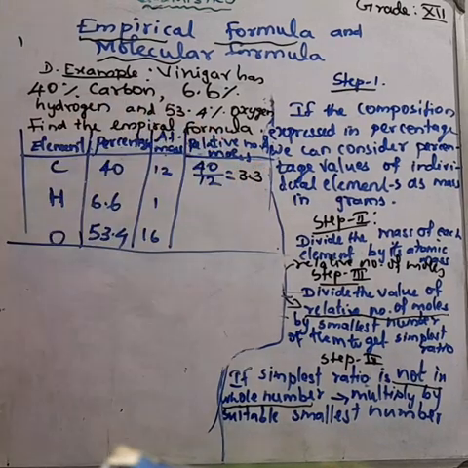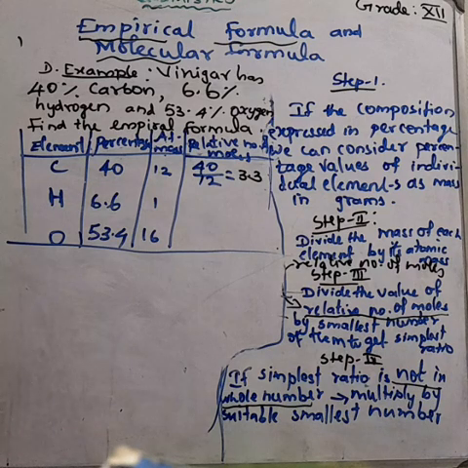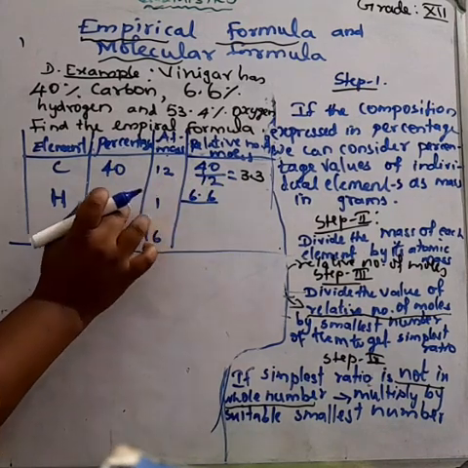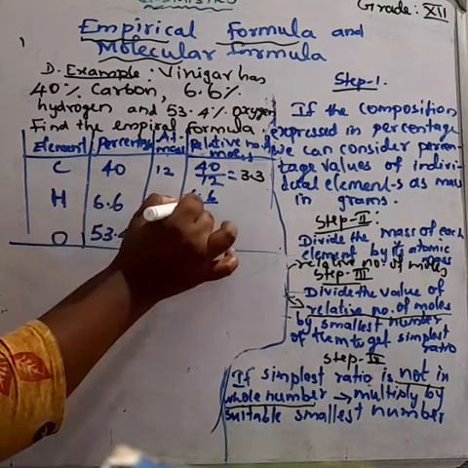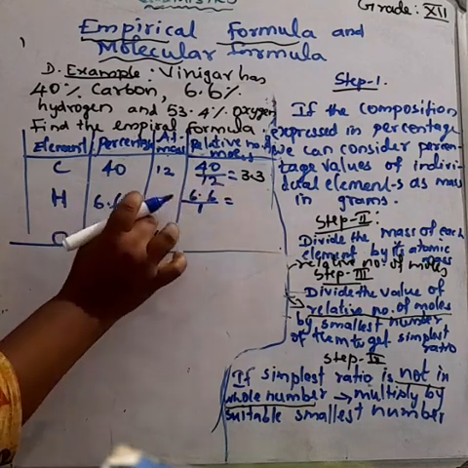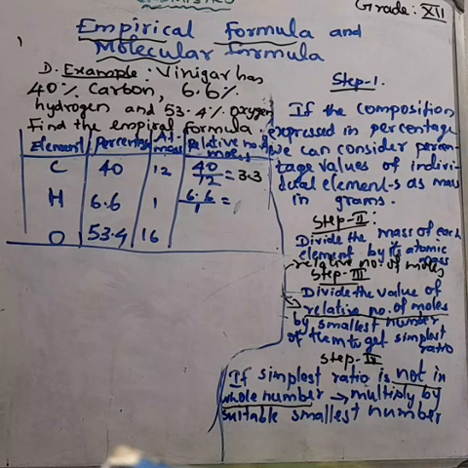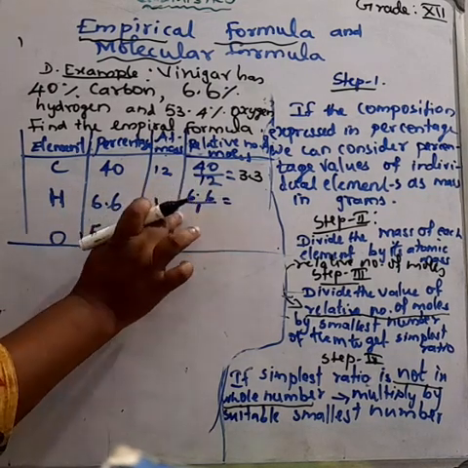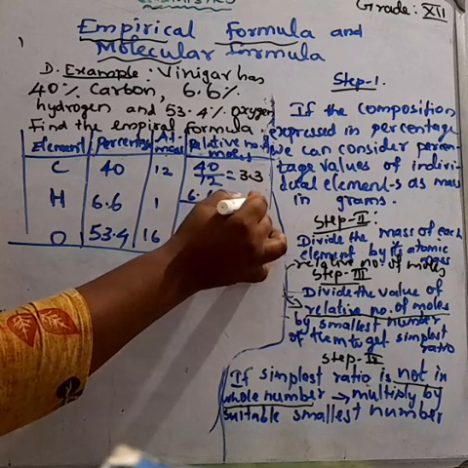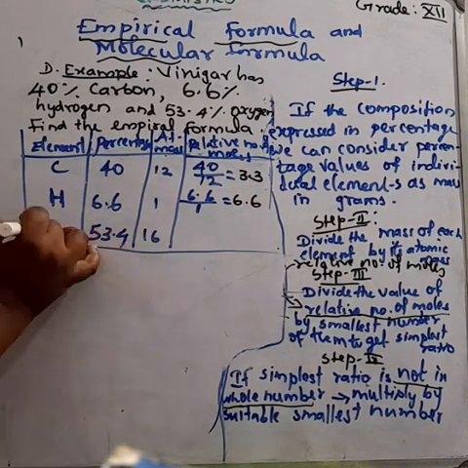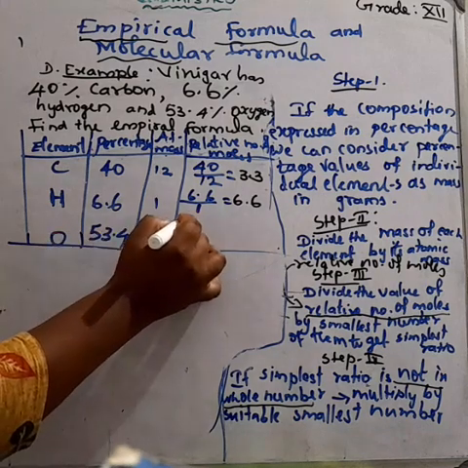And secondly, hydrogen, percentage given 6.6% in our question. Atomic mass of hydrogen, you know, 1. How can you get the relative number of moles? By dividing the mass by the atomic mass. 6.6 divided by 1, we get 6.6. Then third one, oxygen, 53.4.